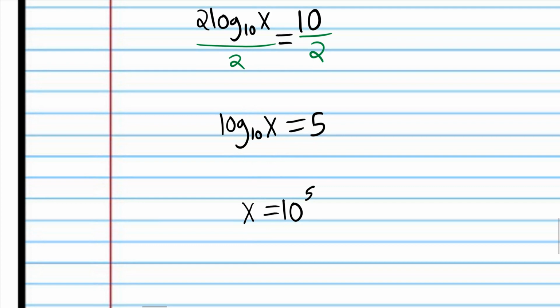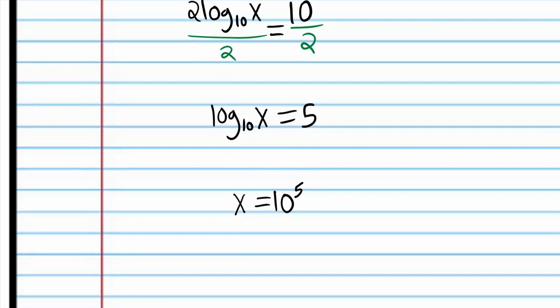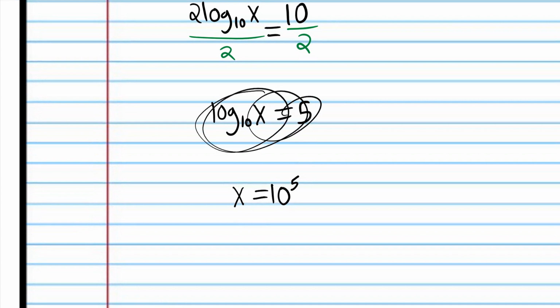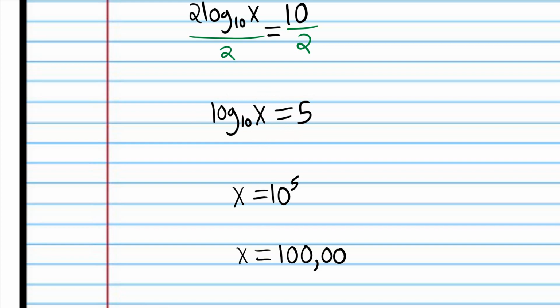And so, again, don't overthink this. It's not something that's intuitive. It's just notation that's been defined by mathematicians. So now we have 10 to the 5th power, and that's going to be 100,000. So there you go.